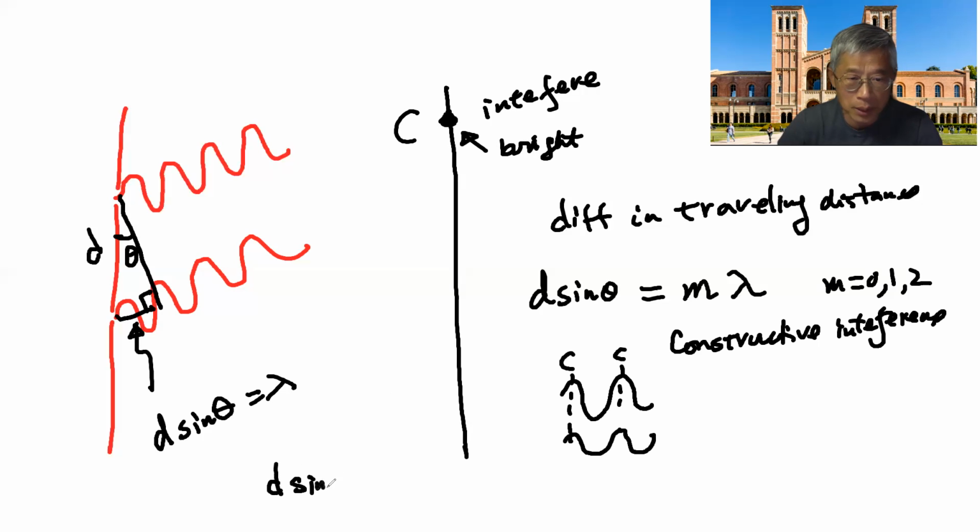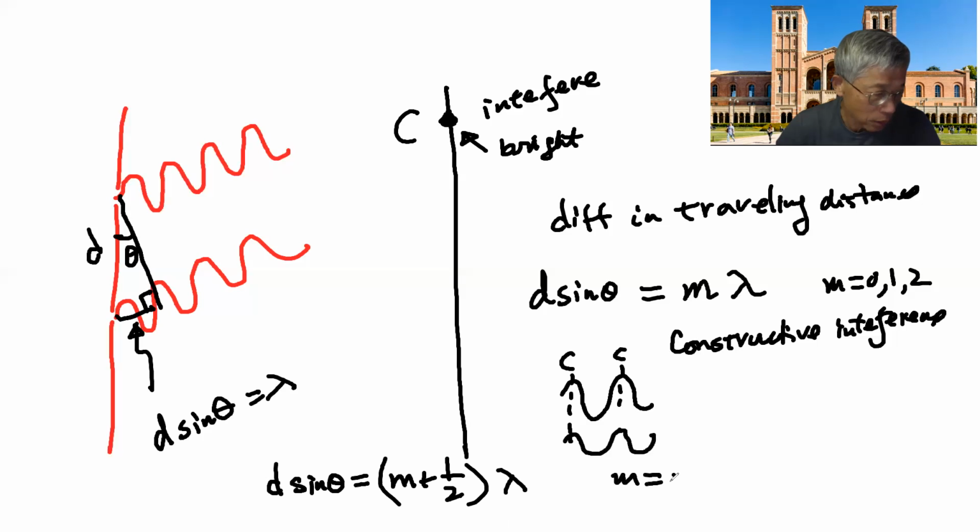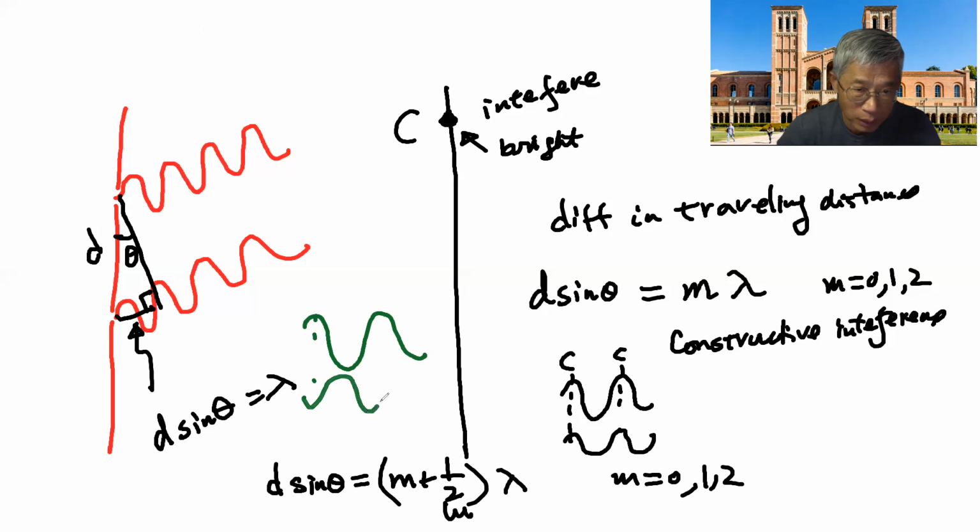Okay, right. So then there will be some other places where d sine theta is going to be m plus 1/2 times lambda, and this m will be 0, 1, 2. You see this 1/2 right there, right? So it's going to behave like this. I'm changing color here. It's going to behave like this, and then the peak is going to be facing the valley, right?